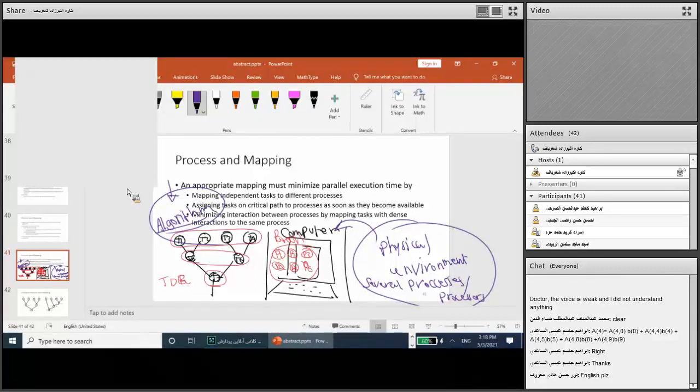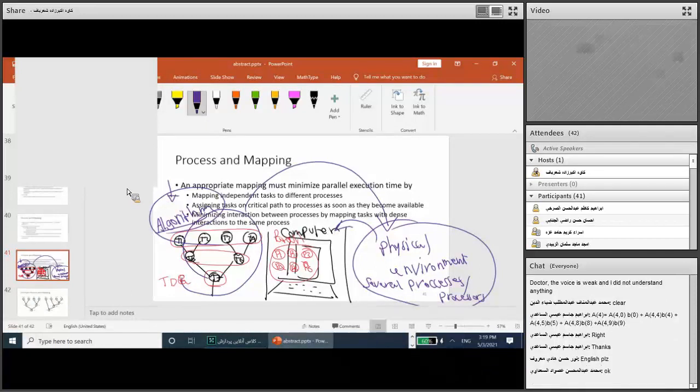How can we map these tasks onto these processes, from the algorithmic level to the physical level? How do we implement this algorithm on real processors?